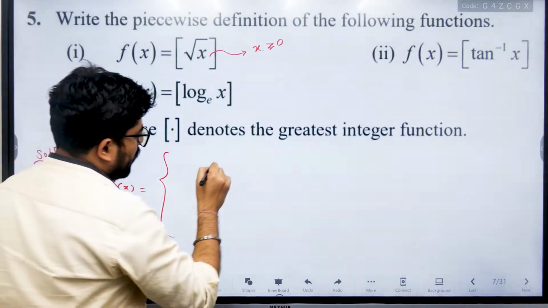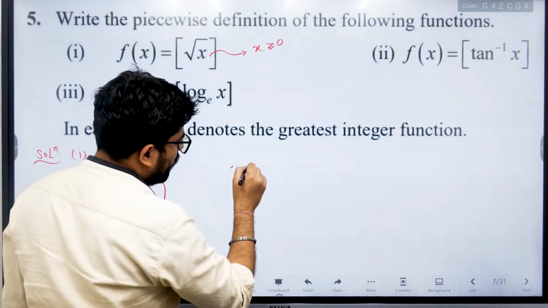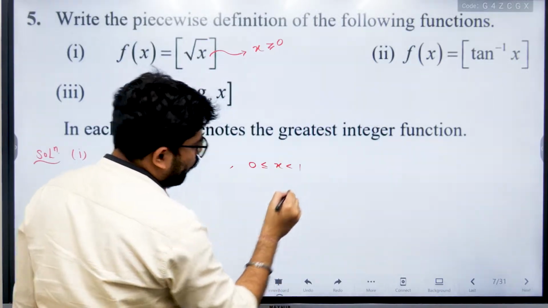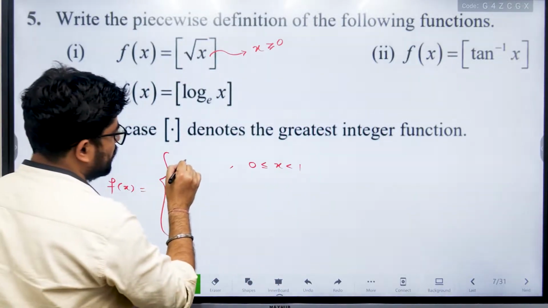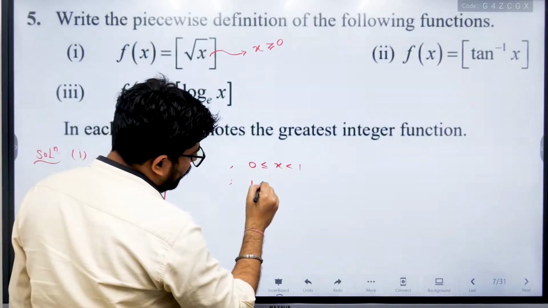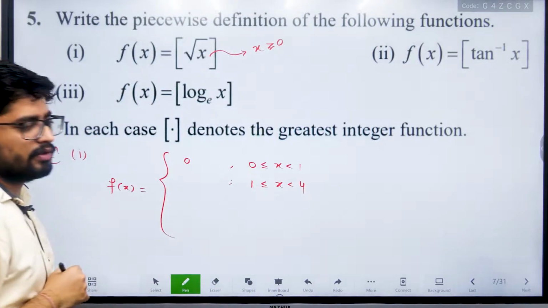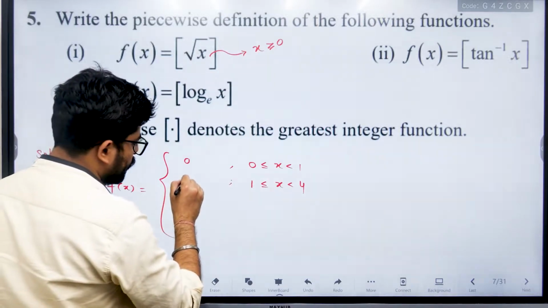So now, if your x lies between 0 to 1, then root x also lies between 0 to 1, so the greatest integer value is 0. If x is between 1 to 4, 4 open, then root x lies between 1 to 2, so the value is 1.